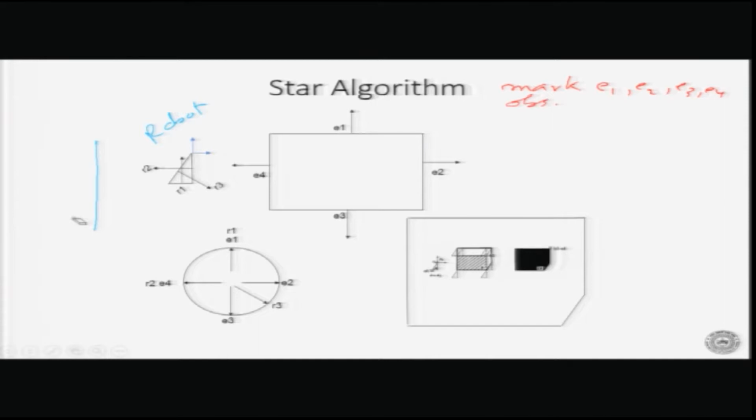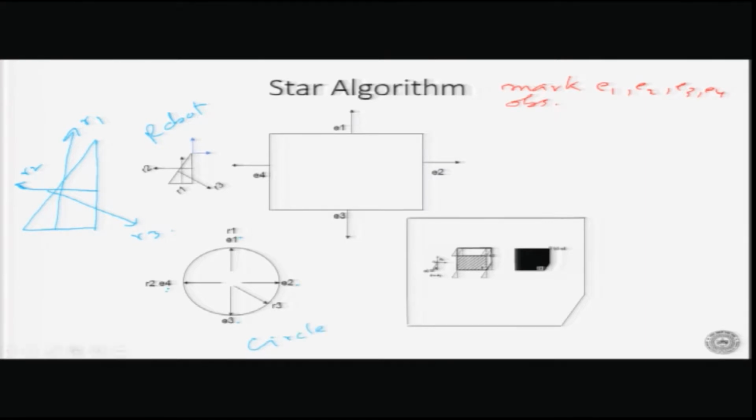I mark R1, which is this side perpendicular to this; R1, R2 is perpendicular to this surface; and R3 will be in this side. So, this is my R3. Similarly, I make my circle marking E1, E2, E3 and E4.